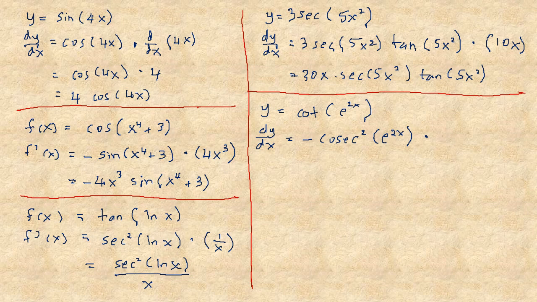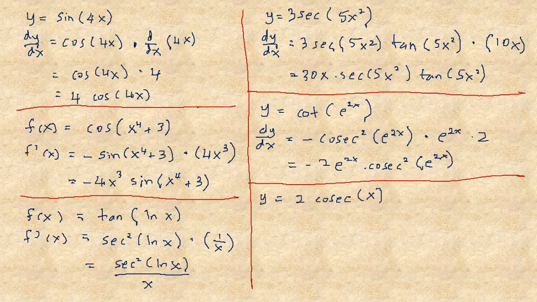So we get exponent 2x multiplied by the derivative of 2x, we get 2. So the answer is negative 2e to the 2x multiplied by cosecant squared of exponent 2x.